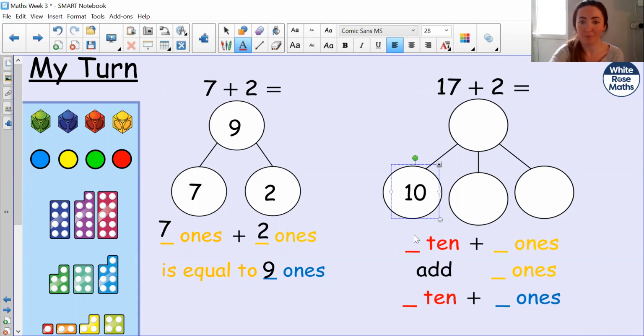So 10, 1 10. And then how many 1s are there in 17? That's right, 7. The second digit is how many 1s there are. So 1 10 and 7 1s. And then look, we've just got 1 part left, and that's the part that we are adding. So 2, or 2 1s.